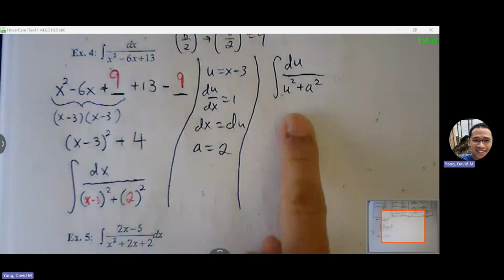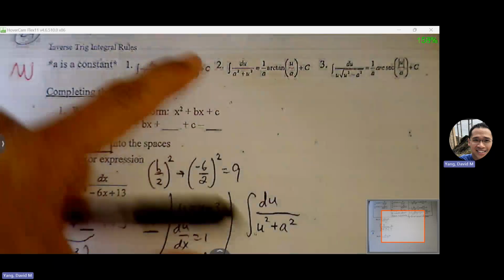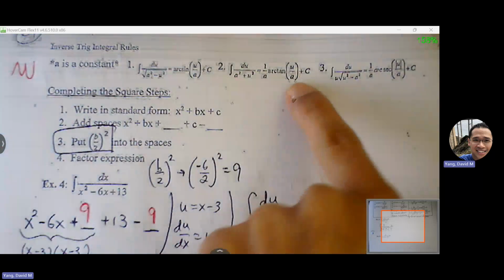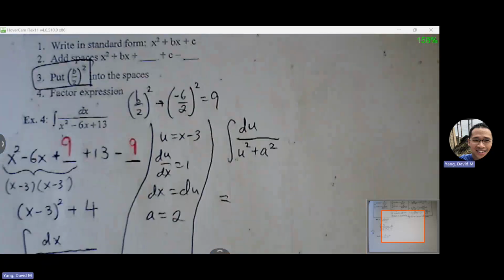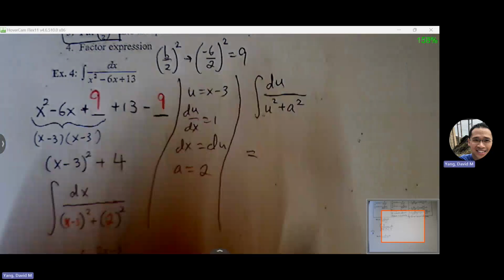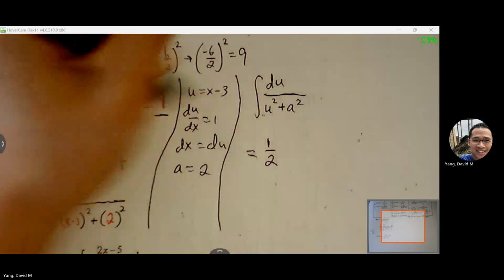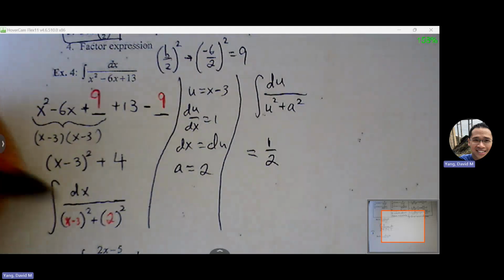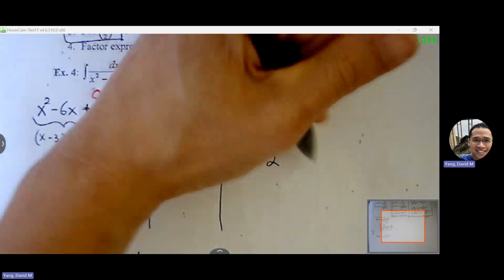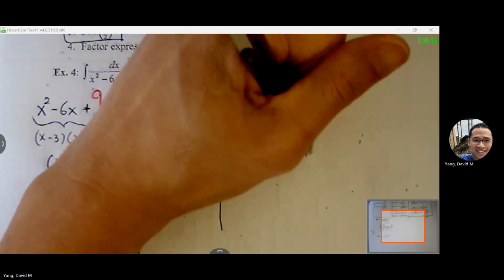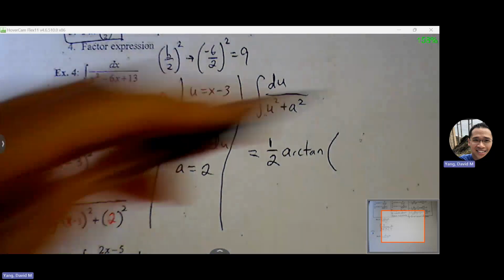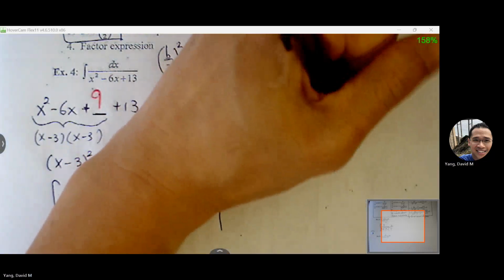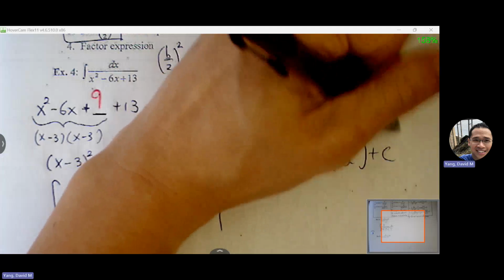This fits perfectly with my arctangent rule. I can now jump into my arctangent rule on the right side. So 1 over a, so 1 over 2. No leftover coefficient that we have to keep track of besides the 1 over a. Arctangent of u over a, and then plus c.